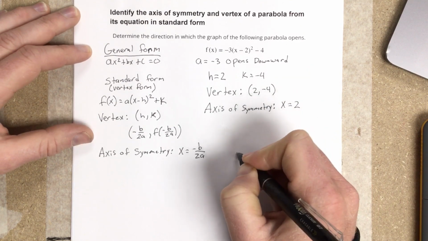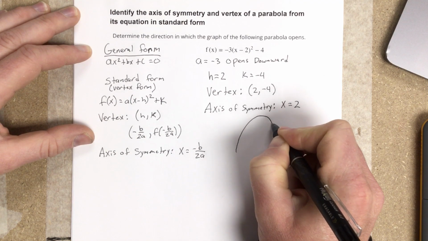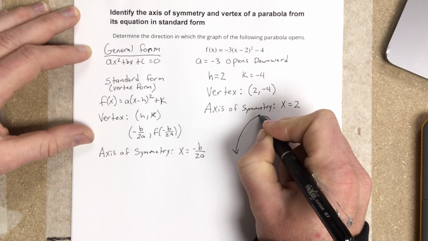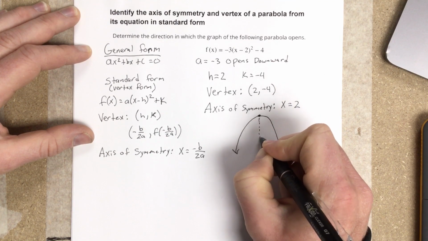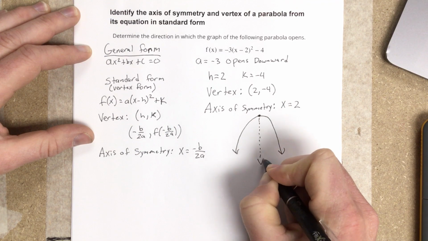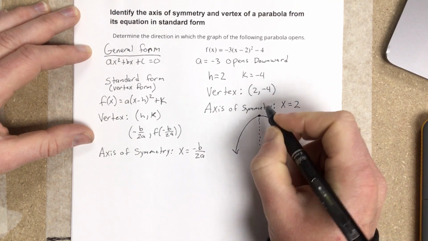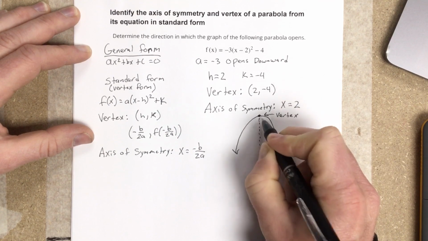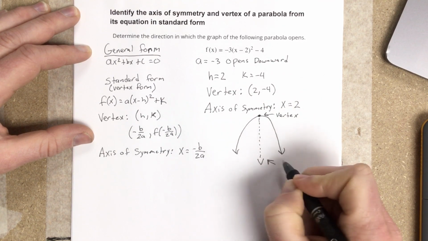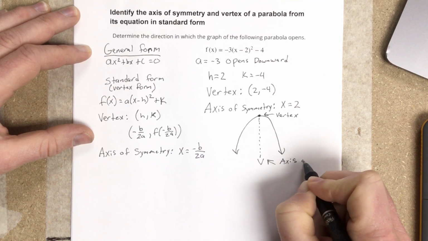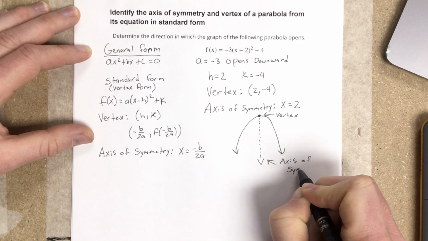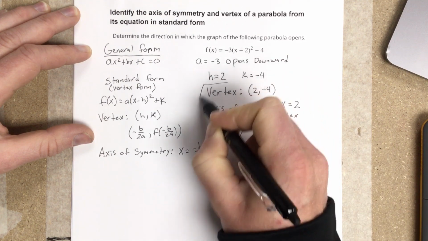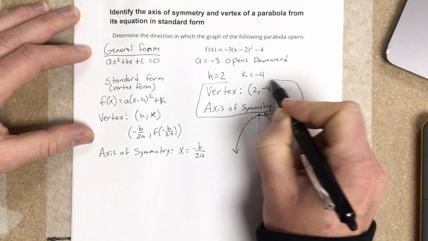Because remember, when we have a parabola, and especially a downward facing parabola, the axis of symmetry goes right through the vertex and splits the quadratic in half, making it symmetrical. So the vertex and the axis of symmetry share an x value. So we have all the information that they ask us for in the problem.